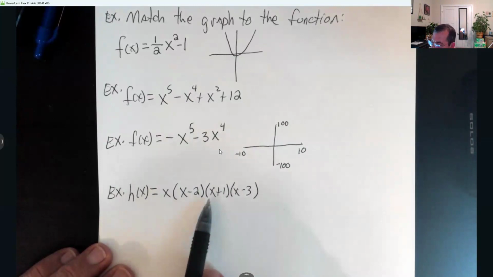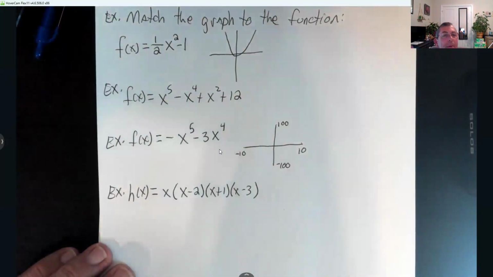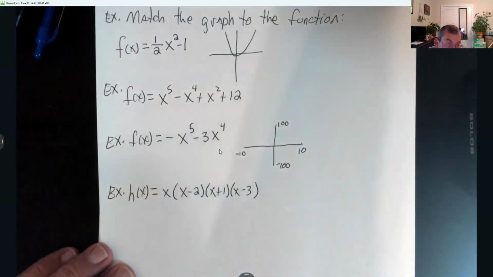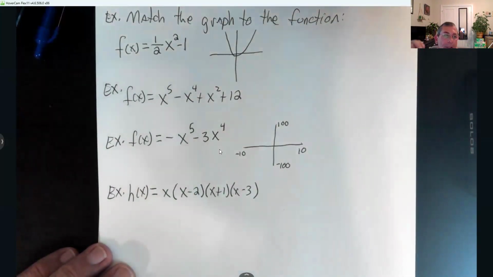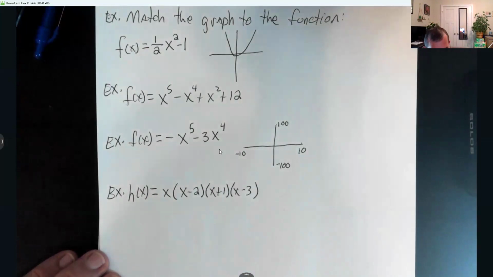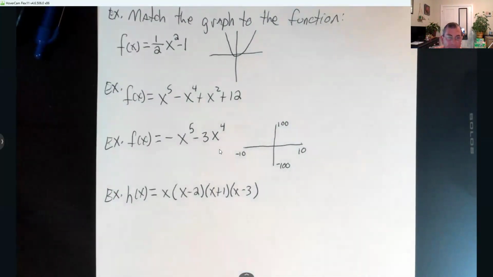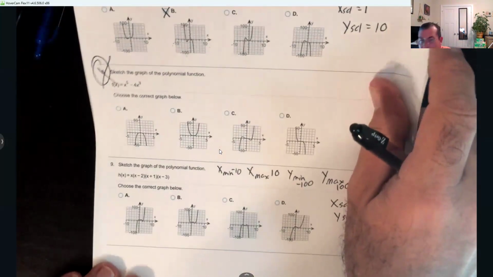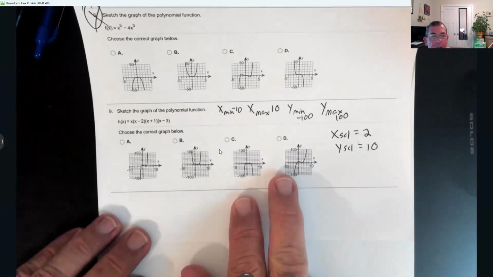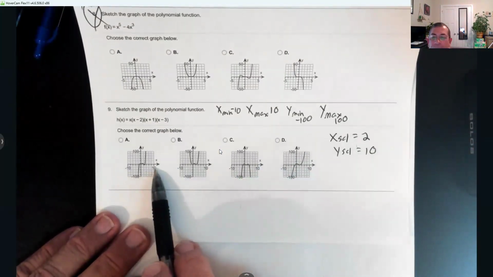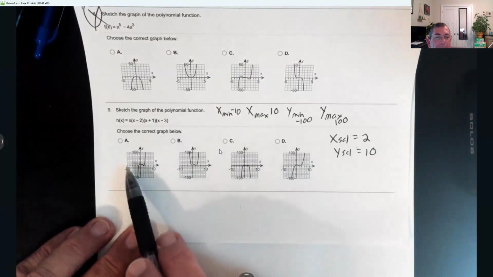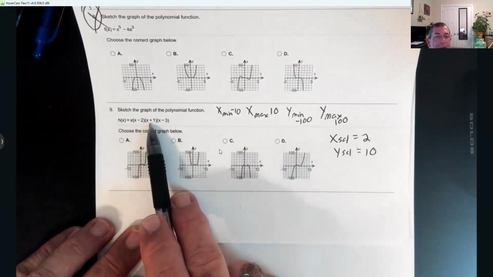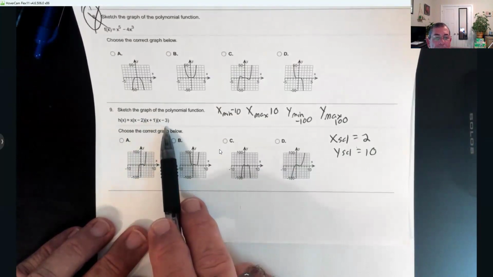If you just multiply all four of these x's, that would give you an x to the fourth. And all the x's are positive, so that would give you a positive x to the fourth. Now I'm going to show you my picture down here I'm playing with, this one right here: x minus 2, x plus 1, x minus 3.